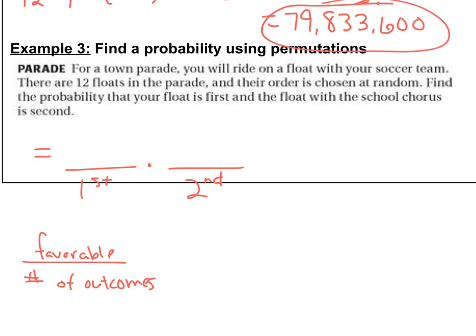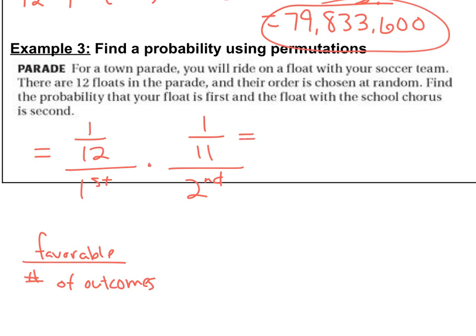In this case, what you want is that your float is first. So how many soccer floats will there be in this parade? Most likely there's only one, but there are 12 floats. And then how many school chorus floats are there going to be? Again, hopefully only one, but now we've already hopefully chosen ours first, so there should only be 11 options left.